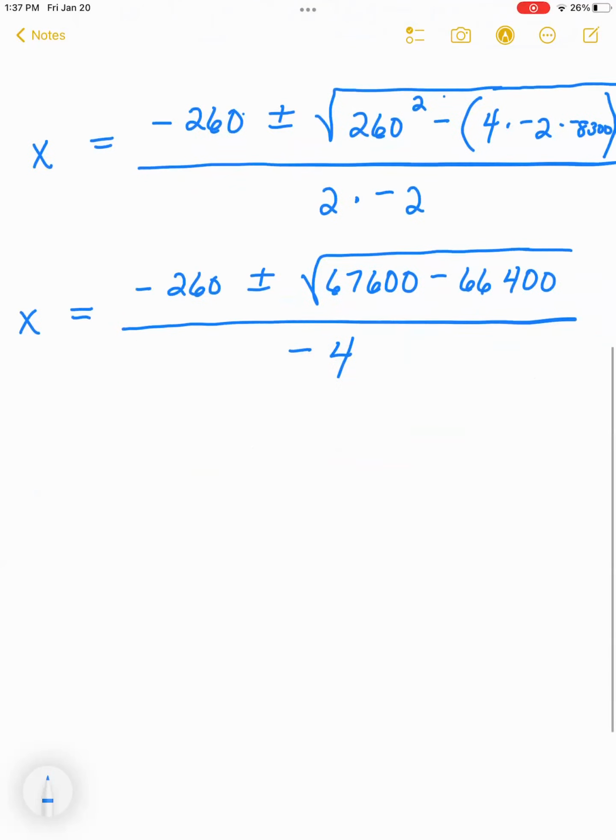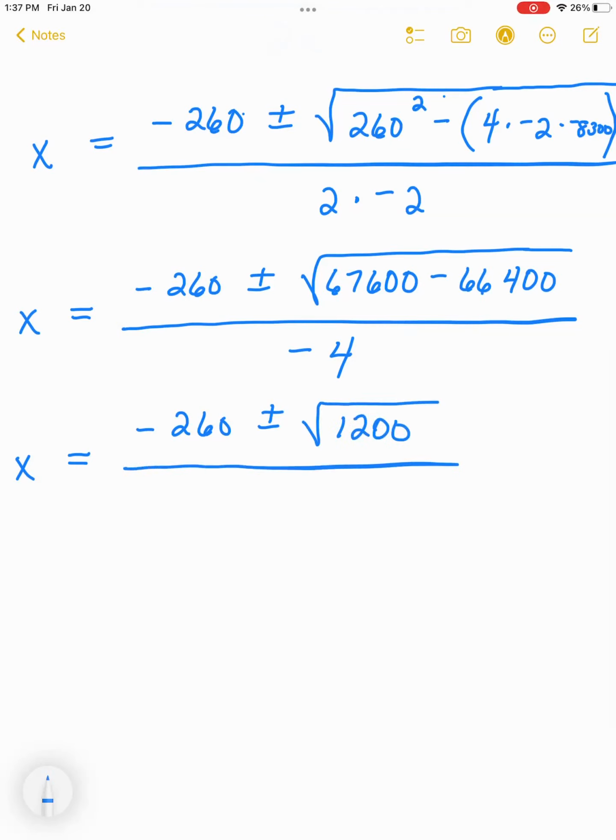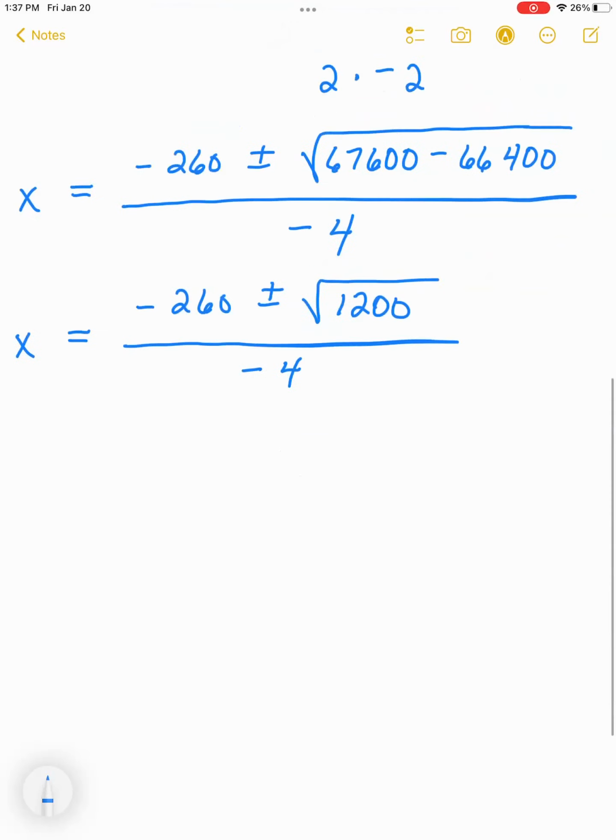Let's go ahead and simplify what's inside the radical, inside the square root there. So it looks like that difference is going to be 1,200. So we have plus or minus the square root of 1,200 over -4. We're close to getting our answers. So we want to write out two different solutions here.